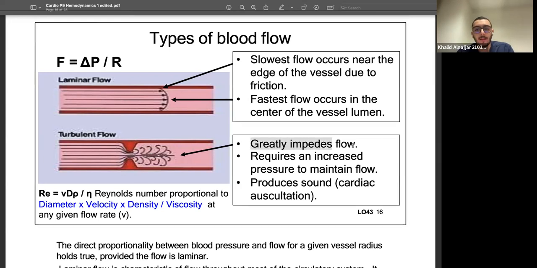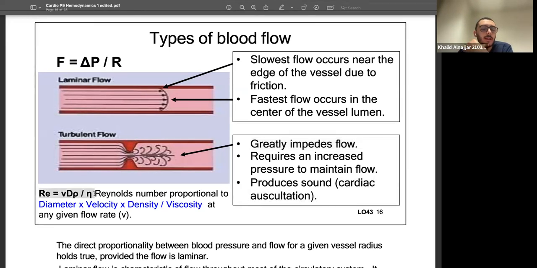As the doctor mentions here, it greatly impedes or disrupts the flow, and it requires an increased pressure to maintain the flow. And this turbulent flow at this point will create a sound which can be heard by the stethoscope of a doctor, called cardiac auscultation.